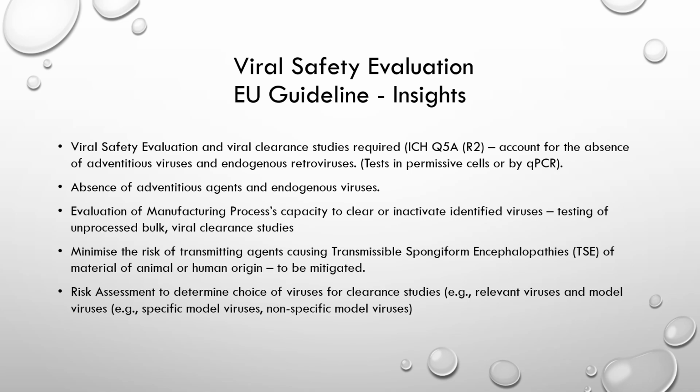So you need to be performing tests on permissive cells or perform tests by qPCR, so you are able to identify potential viral DNA or viral nucleic acids. What you really want is to confirm the absence of adventitious agents, but you can't necessarily have the absence of endogenous viruses if you are using materials of human or animal origins.